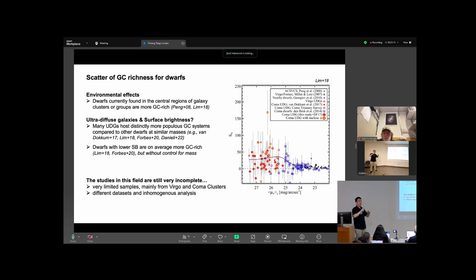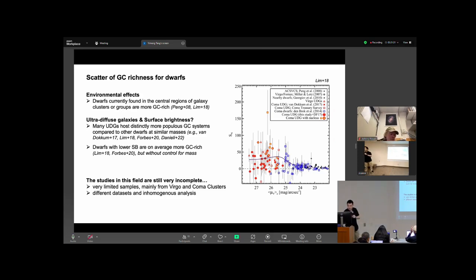So you cannot simply put everything together and do some statistics, because you have all kinds of systematics. We want to address those points. We want to explore other environments, and we also want to do a homogeneous analysis.